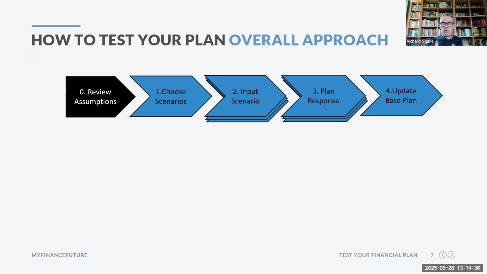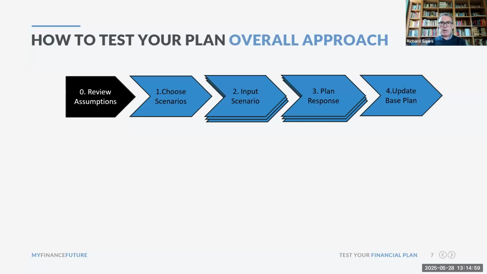Once you've chosen them, you need to decide how you're going to model them in the planner, if you're using the MyFinanceFuture Planner to do your testing, or in whatever planning tool you're using, and create separate scenarios. Input the scenario, then work out how you'd respond to the impacts that creates, and draw some conclusions.